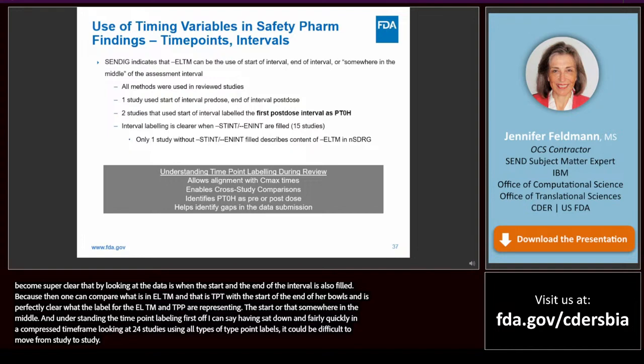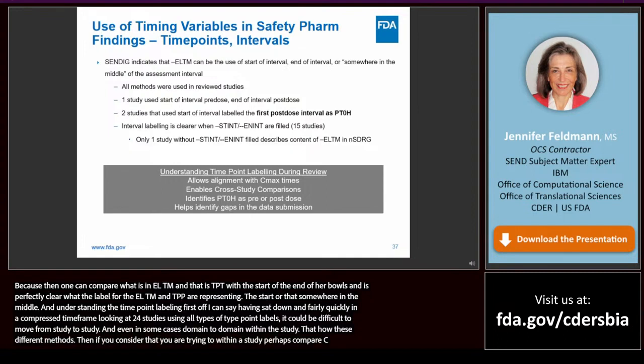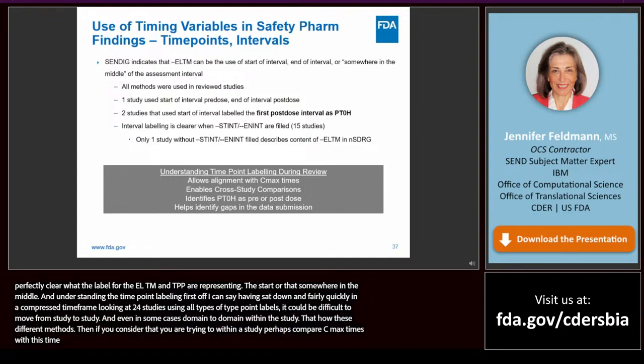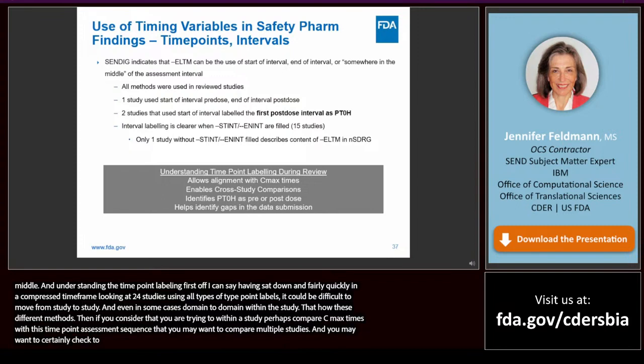And then if you consider that you're trying to, within a study, perhaps compare Cmax times with this time point assessment sequence, that you may want to compare multiple studies, and you may want to certainly check to see if you have all of your data present, it's difficult to do that when you don't know what you're going to get. And in particular, it's difficult when there's nothing in the NSDRG that says what was used for this labeling.